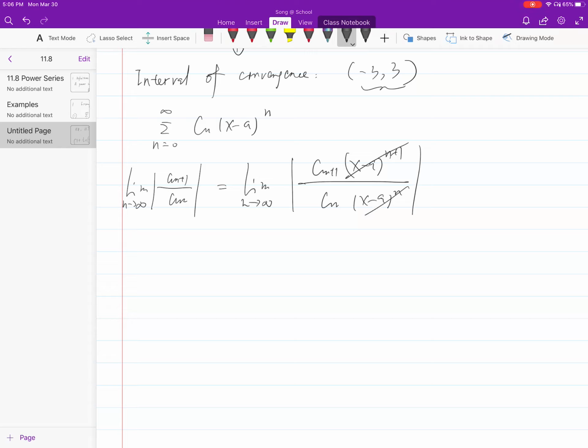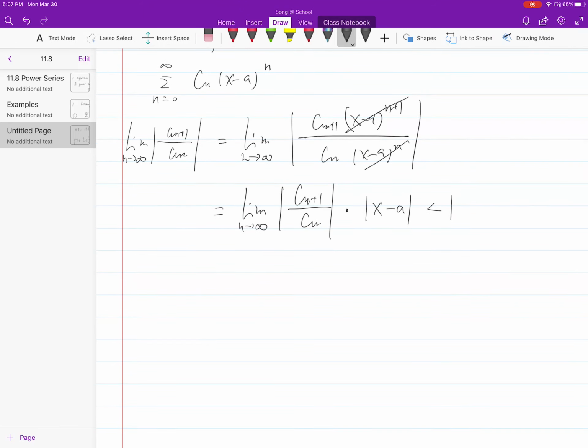These two always cancel. So you will have the limit as n goes to infinity of c_{n+1} divided by c_n, which is just the ratio between the coefficients, times the absolute value of x minus a. Then you set this one to be less than 1. This will always be the case you have.